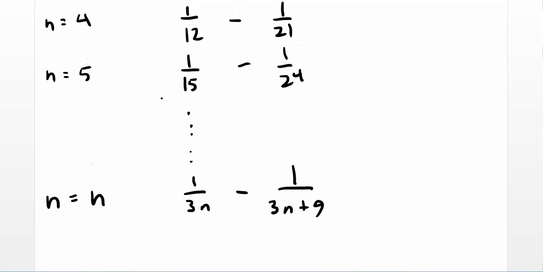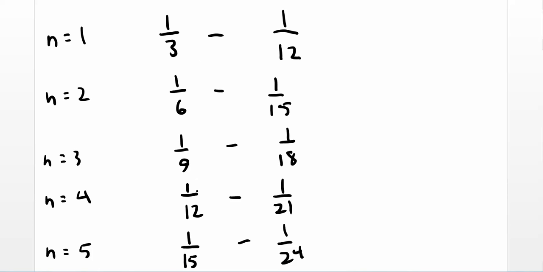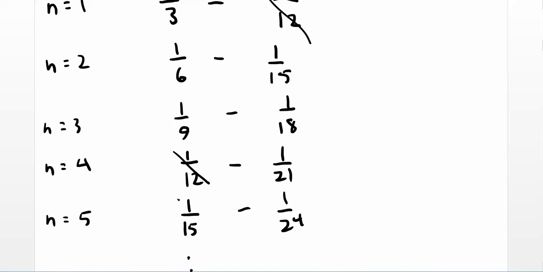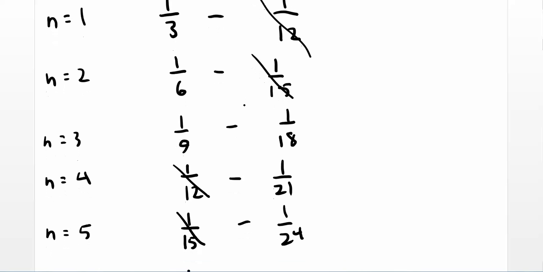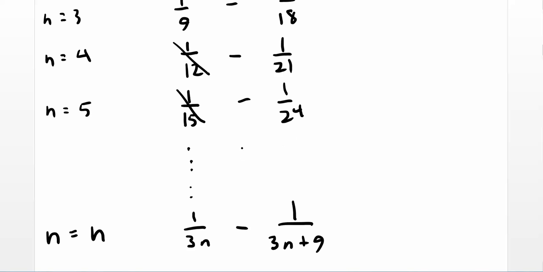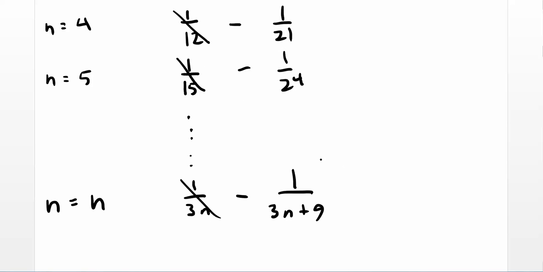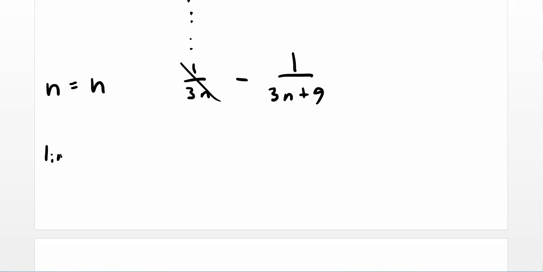So what happens here is you see some terms start canceling. This 1/12 cancels with the negative 1/12. The 1/15 cancels with the negative 1/15, and so on. So eventually, you have a bunch of terms canceling, except for this last term and a few terms prior. But what you're going to do is take the limit as n goes to infinity of that sum.